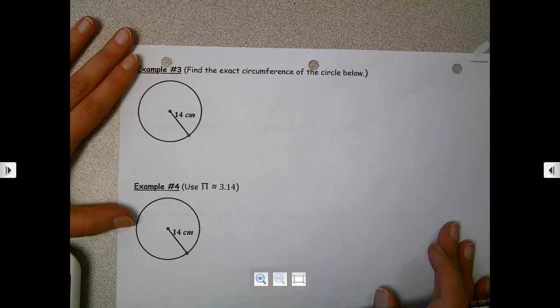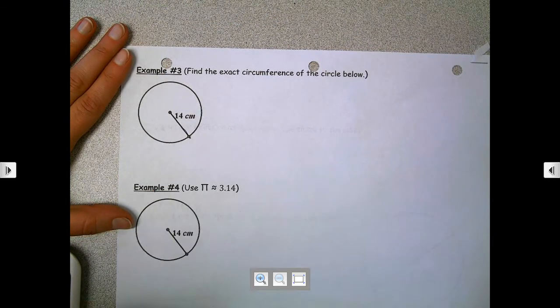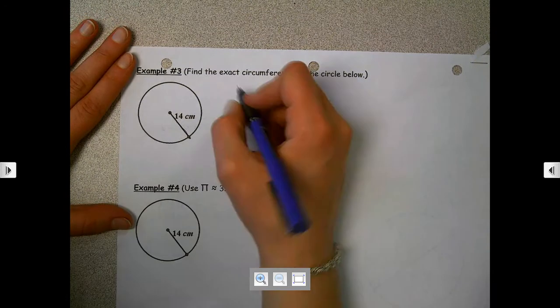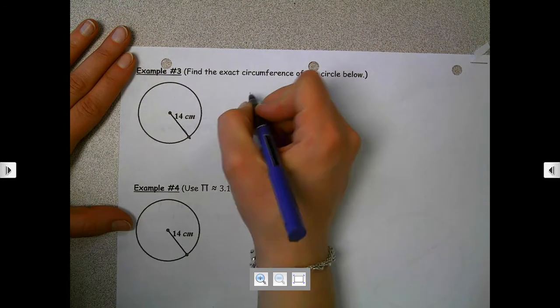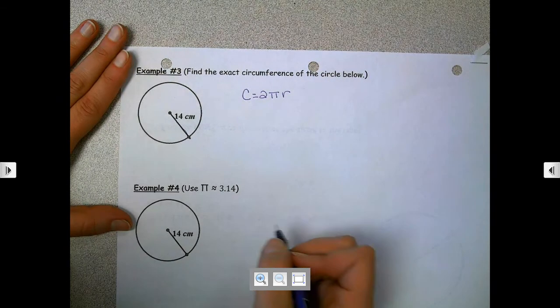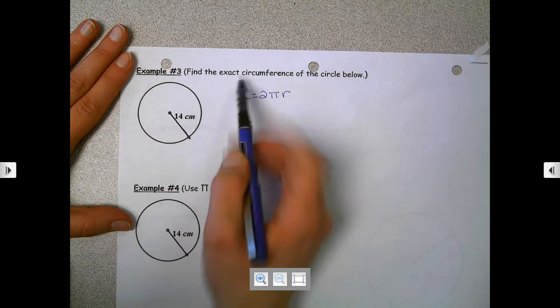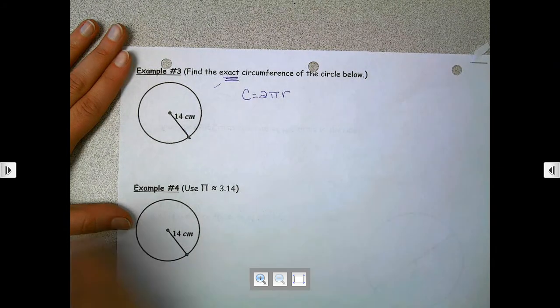Okay, let's go ahead and move on to example number 3. This time we are given the radius. So we are going to use the other formula. We're not going to use circumference equals pi d. We're going to use circumference equals 2 pi r. Okay, now this problem says find the exact circumference. Okay.